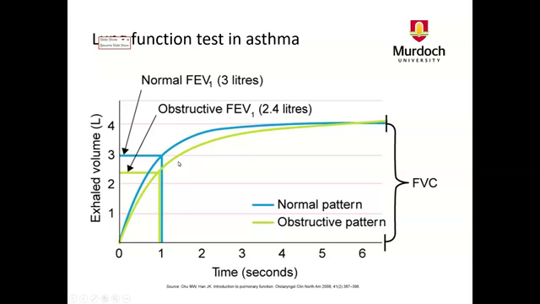They can't breathe out that well because we call that an obstructive lung disease. It's not as easy to exhale air. There is an obstruction, usually from the constriction of the bronchi. So we've got more resistance, and therefore it takes longer to get rid of those 4 liters. And depending on how severe the asthma is, that curve might even be flatter.